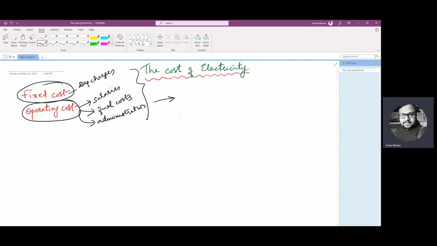How much the utility should charge the consumers for the consumption of electricity is arrived at based on these two components of costs. So in general, we can say that the rates paid for energy are based on, one, the amount of energy consumed.